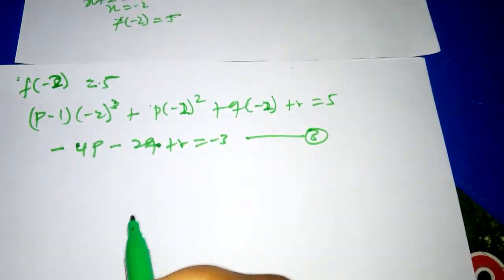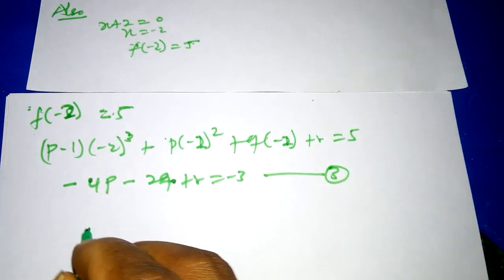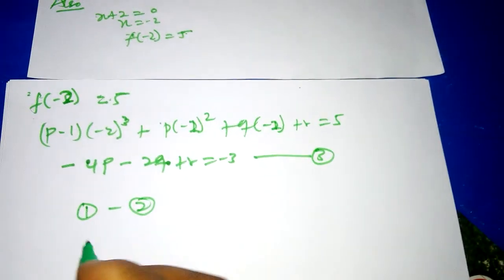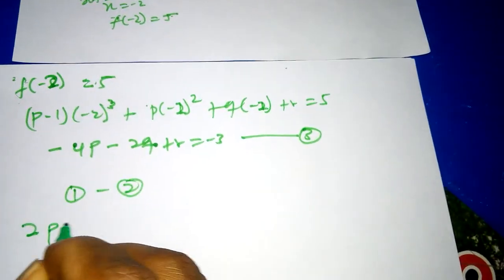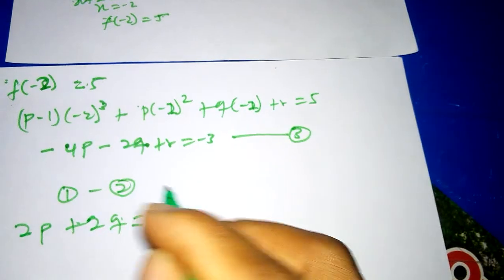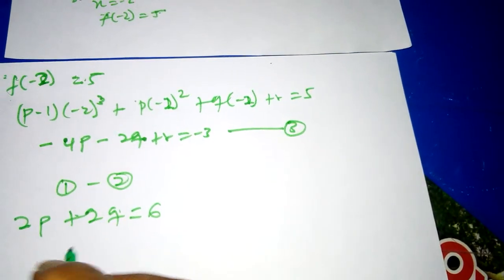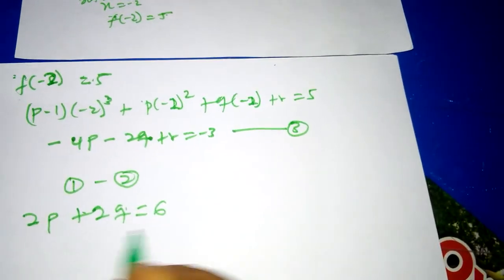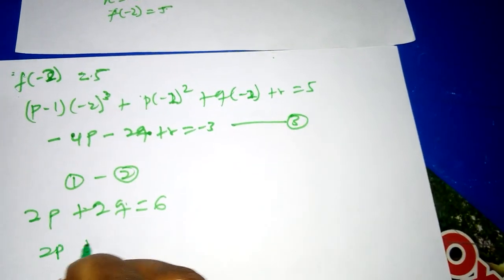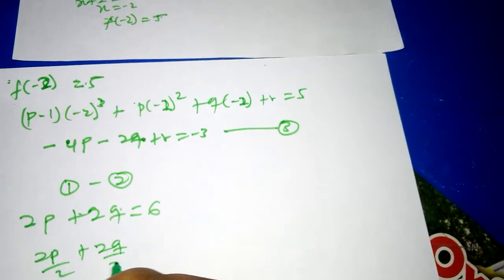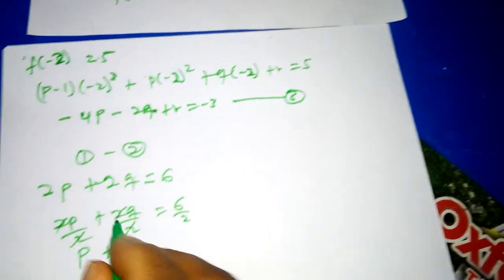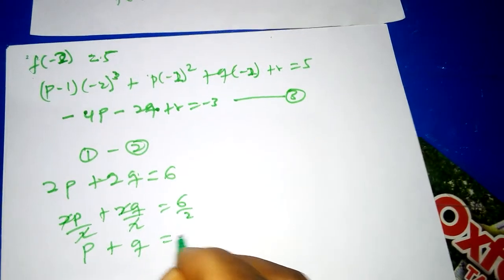So let's continue. Now I will take equation 1 minus equation 2. It will give me 2p plus 2q equals 6, which I can divide both sides by 2, giving p plus q equals 3.